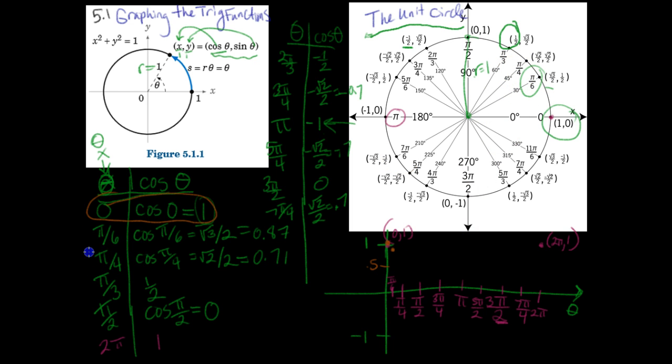Pi over 4 corresponds to 0.71. So pi over 4 is here, go up to 0.7. That looks about right here. Pi over 3 is going to be 1/2. So here we are right here. And then pi over 2 is down to 0.